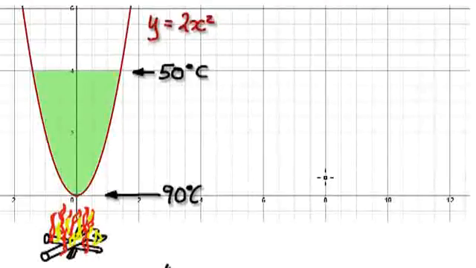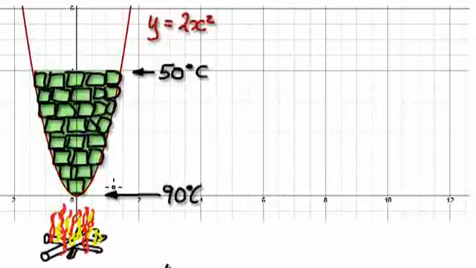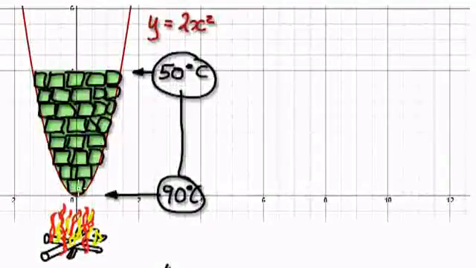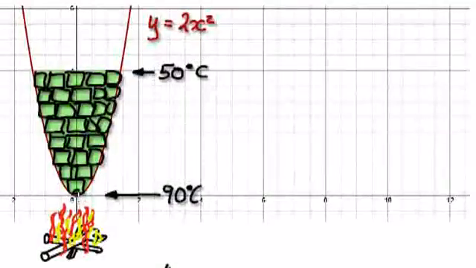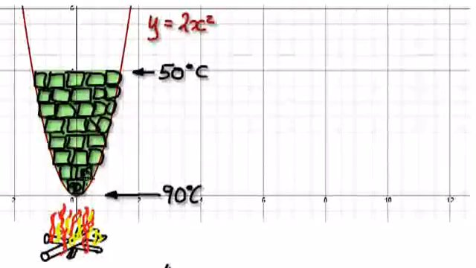Okay, so to do this, in your mind, try to visualize these blocks here. So you've got a smooth transition from 90 degrees Celsius to 50. So you can imagine it as being like 90 here, 85, 85, let's say 80, 80, 80, and so on.